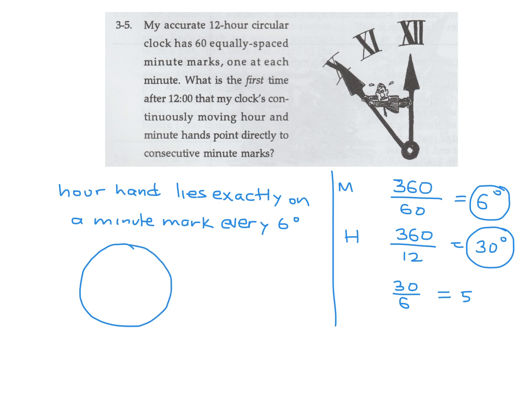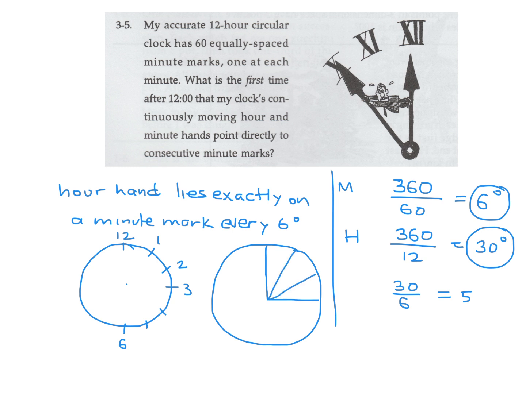So let's say when you look at a clock, you're used to seeing the numbers as the hours. So this is 1 hour, this is 2 hour, this is 3 hour, and so on, right? You guys remember that, of course. But I want to emphasize that it can be labeled, at least in our question, in terms of minutes. Normally we've got 1, 2, 3 as for the hours, but for the minutes, I want to label it.